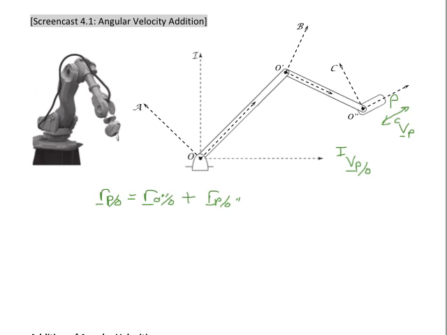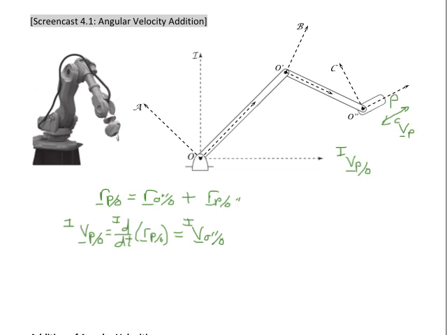To find the velocity of point P as observed in the inertial reference frame, we'll differentiate each of these components in the vector sum individually. So the time derivative of the position vector O double prime with respect to O as observed in the inertial reference frame is the velocity of O double prime with respect to O as observed in the inertial reference frame. So let's say that we know that quantity, and then when we take the time derivative of P with respect to O double prime in the inertial reference frame, this is where the transport equation comes in.